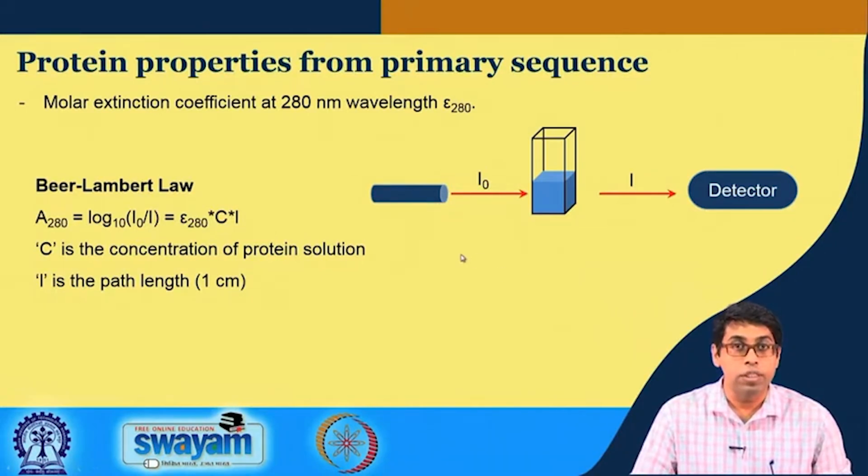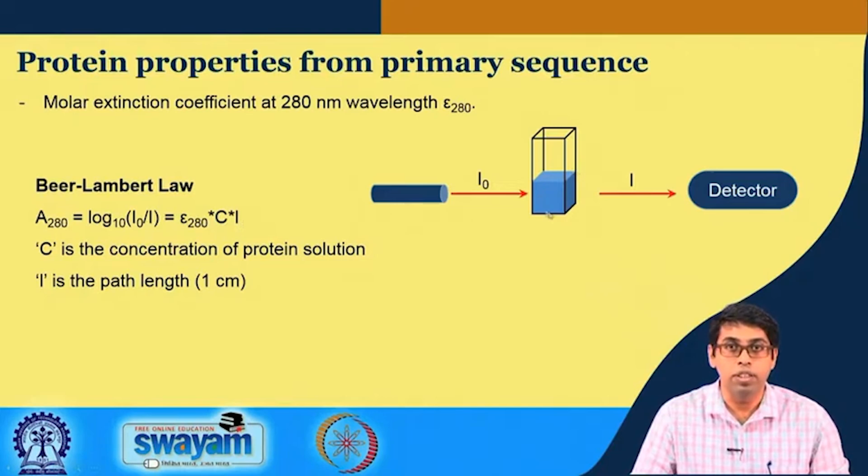The second information that we get from our sequence is the molar extinction coefficient, which is the epsilon value at a particular wavelength. In this case, we are going to use 280 nanometers. If you remember the Beer-Lambert law, the absorbance of a protein molecule can be determined from its molar extinction coefficient multiplied by the concentration of the protein multiplied by the path length. This is the cuvette in which you have your solution sample.